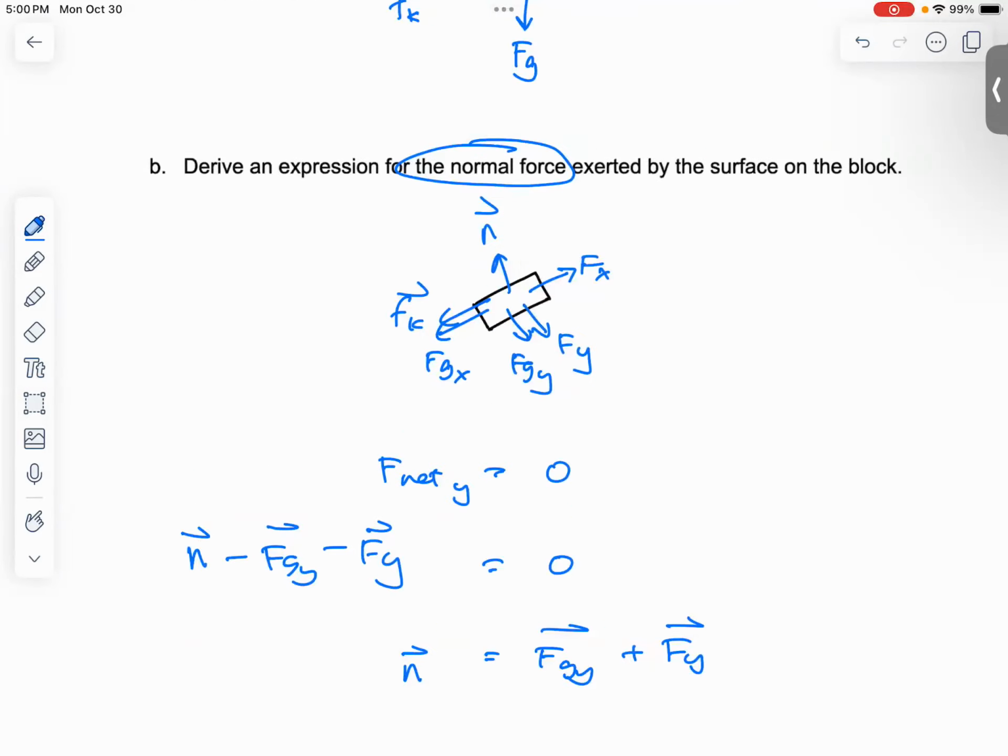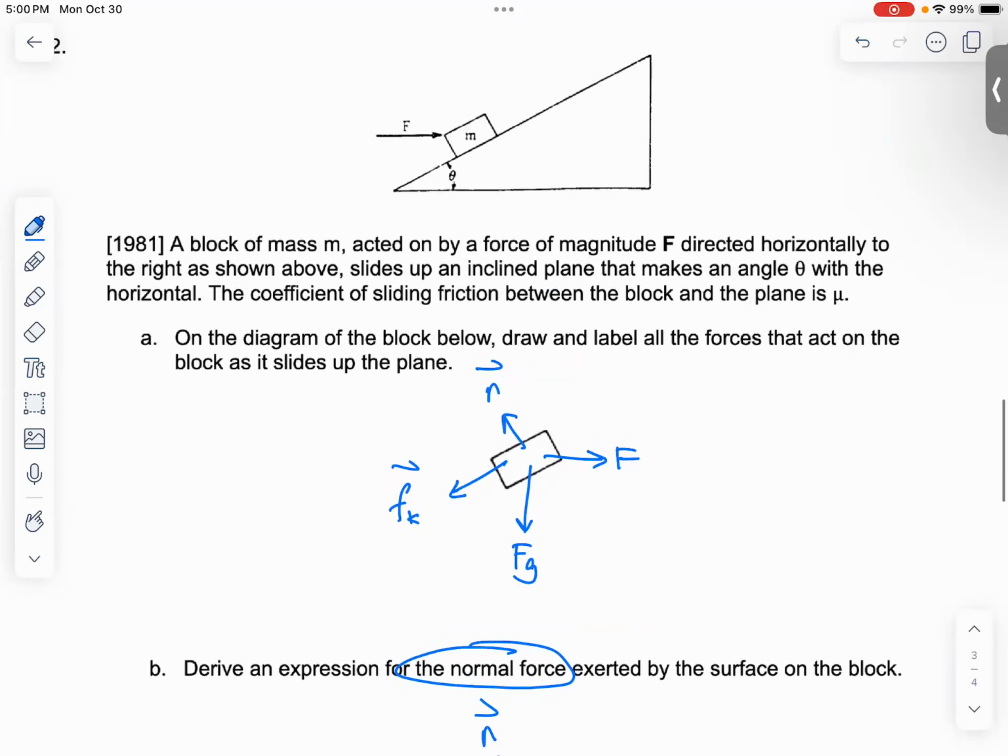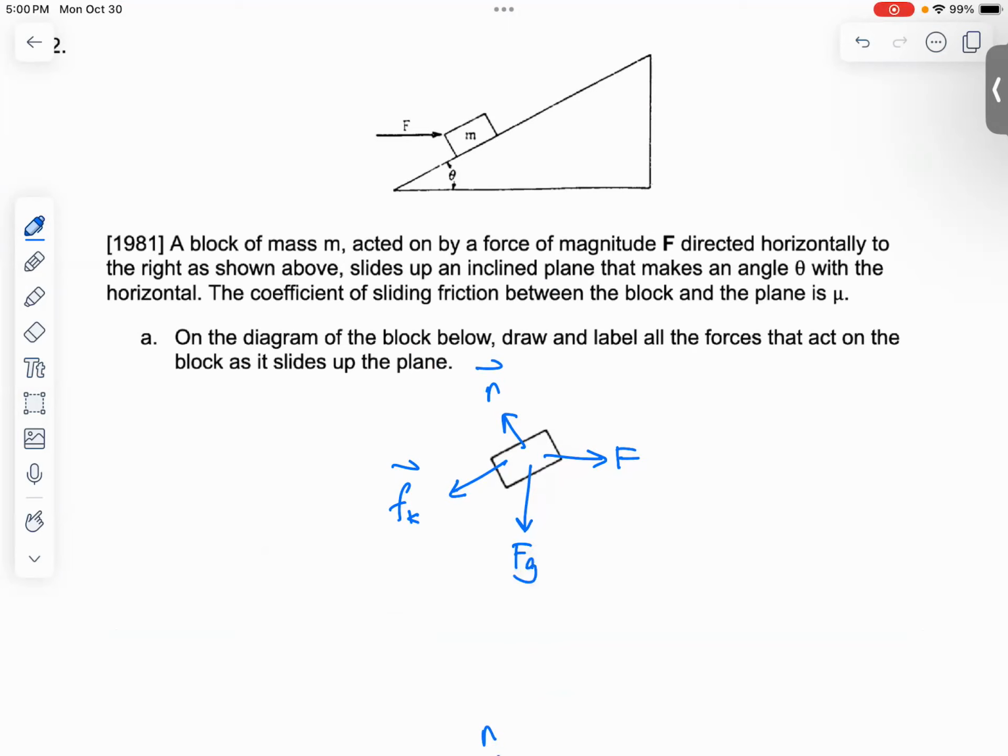Now, if you look at the request of the question, it says express all algebraic answers in terms of m, F1, theta. That's right, my bad. Wait, hold on. I copied the wrong question. It's the acceleration.